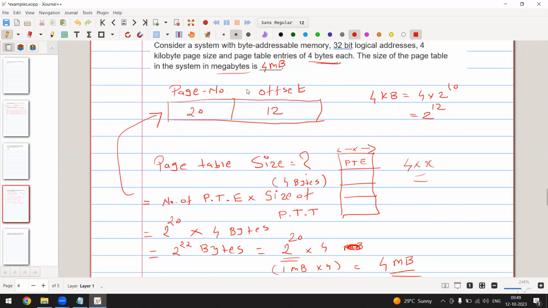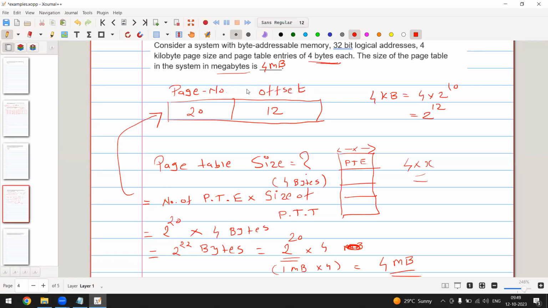So you have to understand this structure. If you feel that you don't understand it, you need to revise the topic of address translation in simple paging. If you refer to address translation, it will become more clear. But you have to keep the basics in mind. Logical address contains page number and offset.